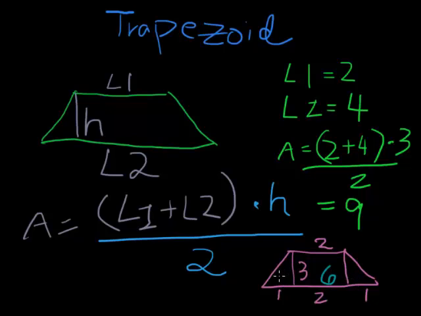And the area of this triangle and this triangle combined, we can think of as the area of a rectangle with 1 as one of the lengths and 3 as the other. That's 1 times 3, which gives 3. So 6 plus 3 equals 9. Voila. The same as the formula.